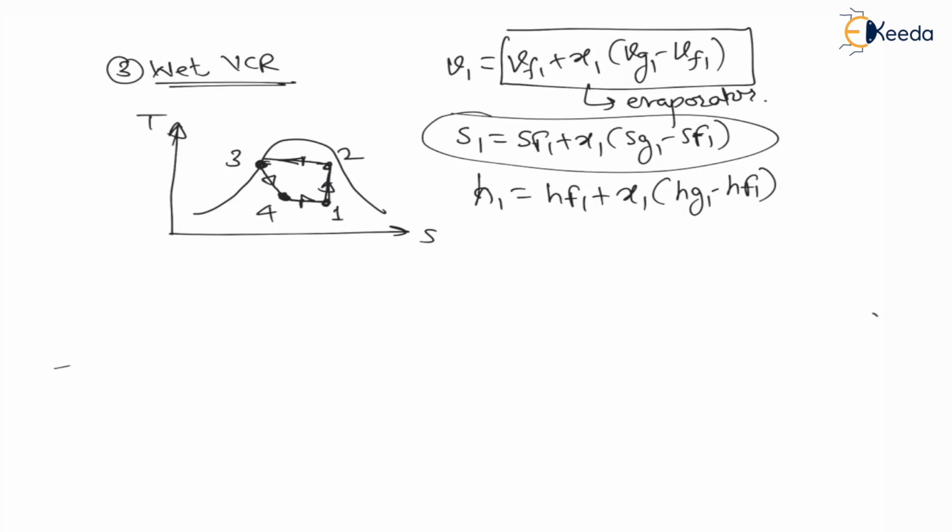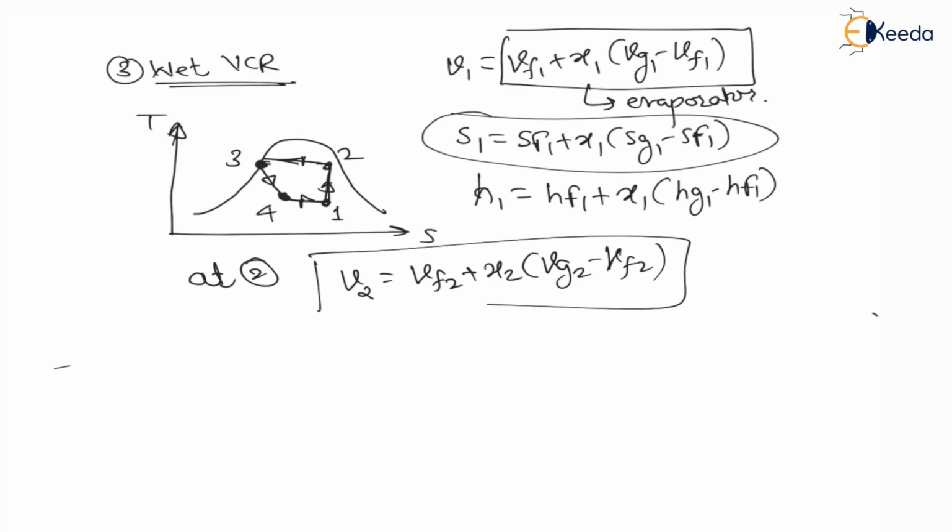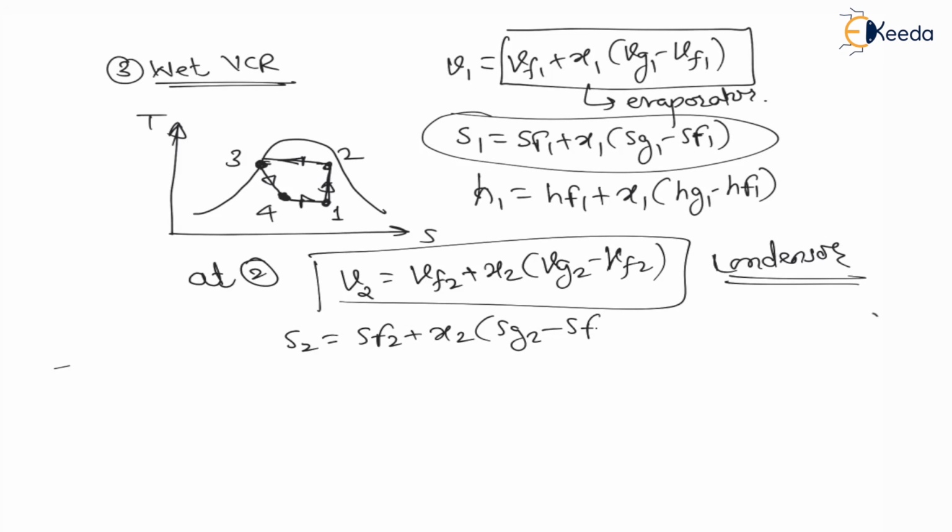Similarly at 2, we can find V2, which is nothing but Vf2 plus x2 times Vg2 minus Vf2, where all the values we have to check at condenser pressure, because 2 to 3 is at condenser pressure, right? Again S2 is nothing but SF2 plus X2 times Sg2 minus SF2, right?